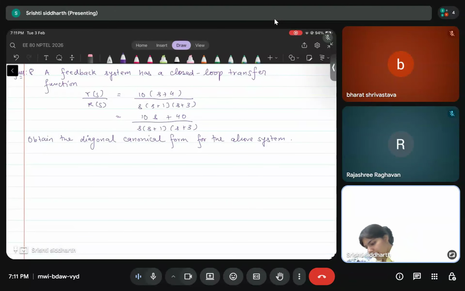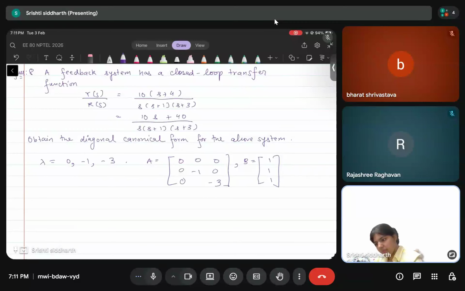The poles, or the eigenvalues, are at 0, minus 1, minus 3. So A is first of all a 3 by 3 matrix. This is 0, minus 1, minus 3. B is simply 1, 1, 1. And C, since the eigenvalues are not repeated, is C1, C2, C3.